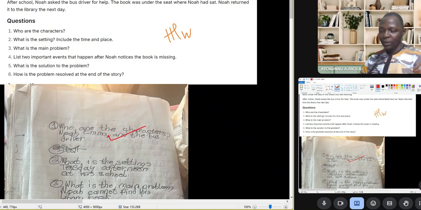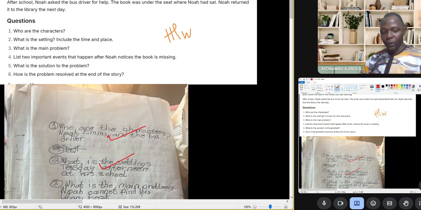But where at the school? Is it the classroom or the laboratory or the school kitchen? It's the school library. But did you mention it? I don't think so. You didn't mention. So next time you're just gonna get half mark.